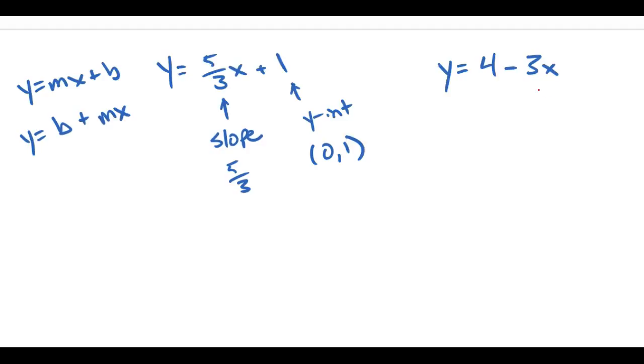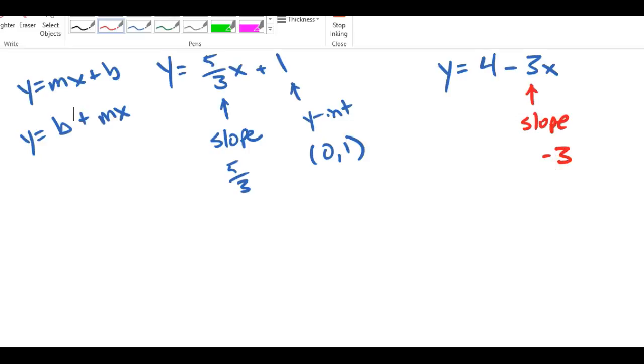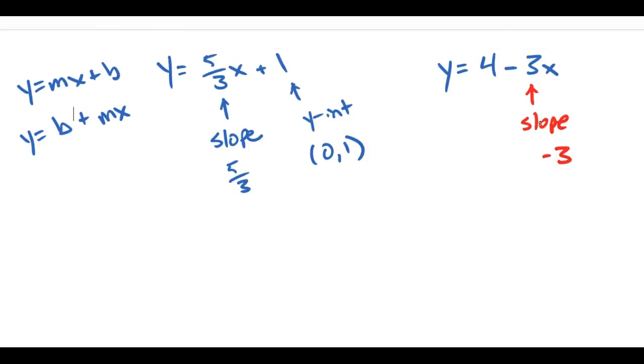So the -3 here, that's my slope. My slope is -3. My y-intercept is here at 4. So this would be the ordered pair (0, 4). Okay? So that's how I can look at any equation.